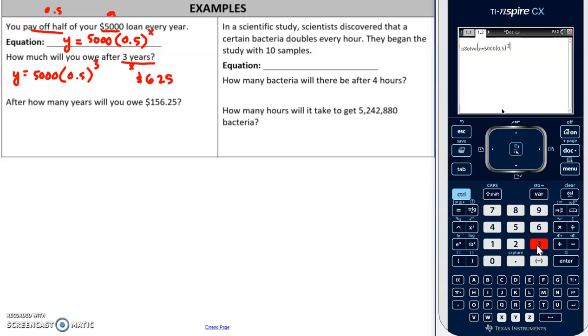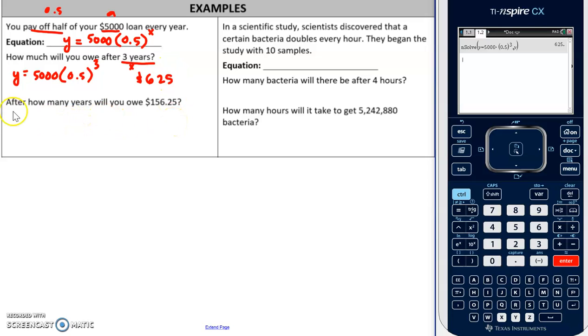Remember that n-solve only works with one unknown variable. So y is unknown, so I'm going to do comma y, and then I'm going to hit enter. Hey, 625, that matched what I got. Okay, so those are the two different ways that you can do this.